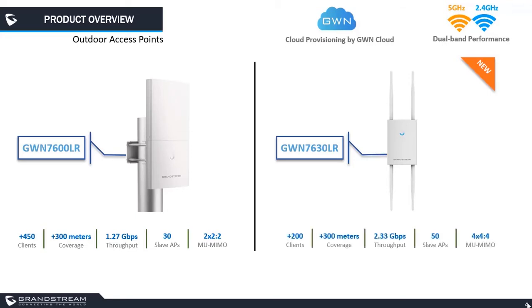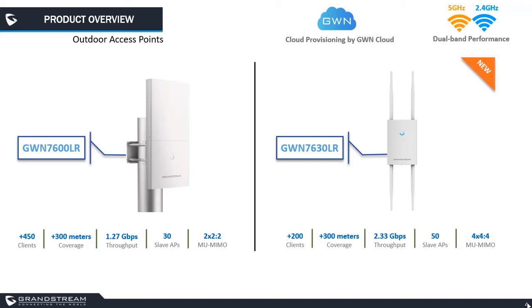Next new model is the GWN7630 LR, designed for medium to large businesses and enterprises that need to provide long-range coverage in both indoor and outdoor spaces. It also offers weatherproof casing and heat-resistant technology.